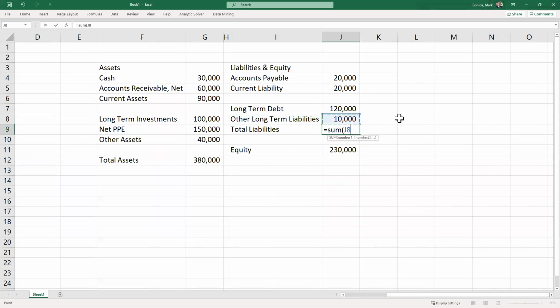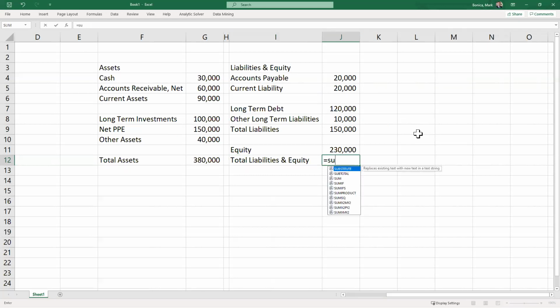That's the long-term liabilities plus the current liabilities. Then we have equity, and we don't have to really do anything with that. And we can say total liabilities and equity now, and that is the sum of the equity plus the total liabilities.